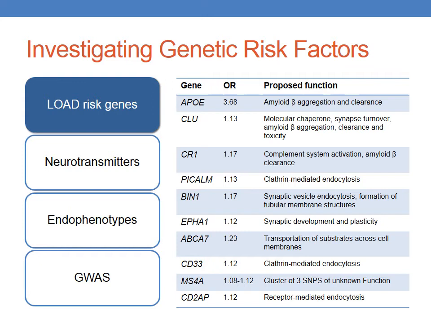ApoE has actually been previously genotyped by our group, but I'll be looking particularly at the most recently identified risk genes for Alzheimer's. And these have been associated with pathways to do with lipid metabolism like ApoE, also immune system and synaptic mechanisms.